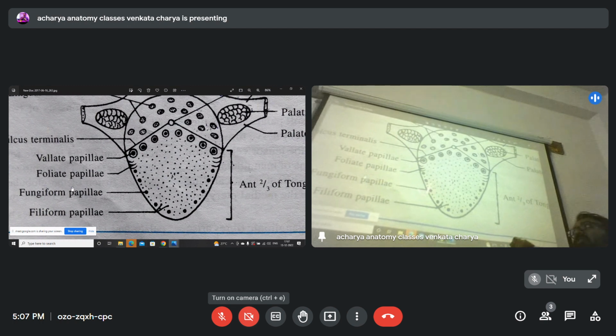Circum means round. Number two, foliate papillae. Number three, fungiform papillae. Number four, filiform papillae, present in the center of the tongue.